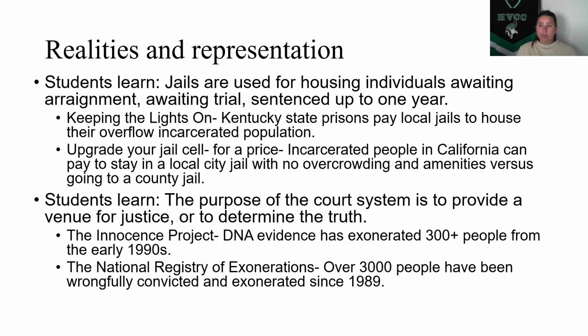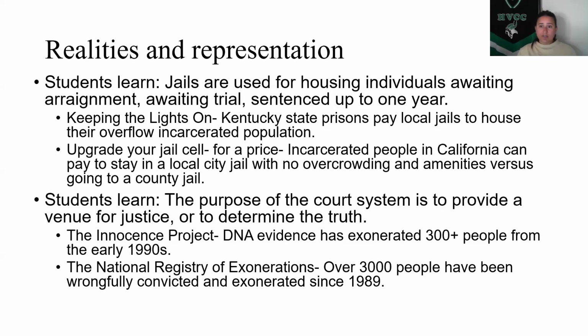And so students will receive, just like in a traditional text, that overview of a component of the criminal justice system, the history of it, how it works, but they'll also receive a reality piece. So, for example, in a traditional text, students learn that a jail is used for a very specific reason.